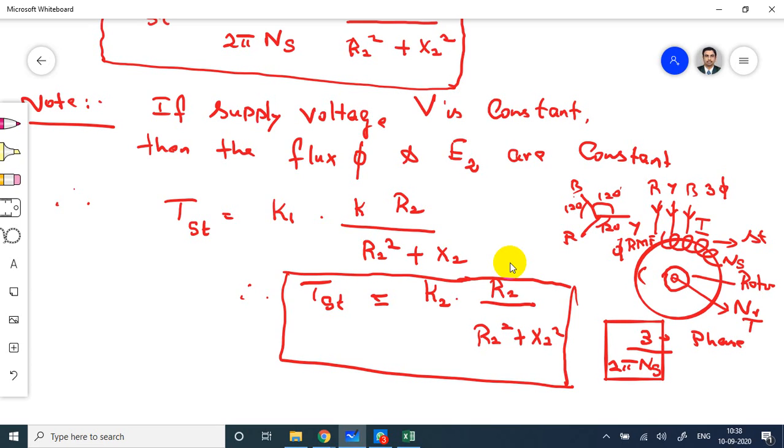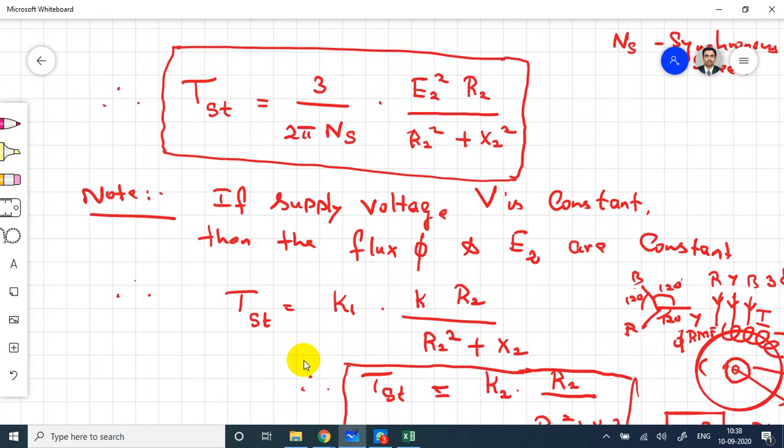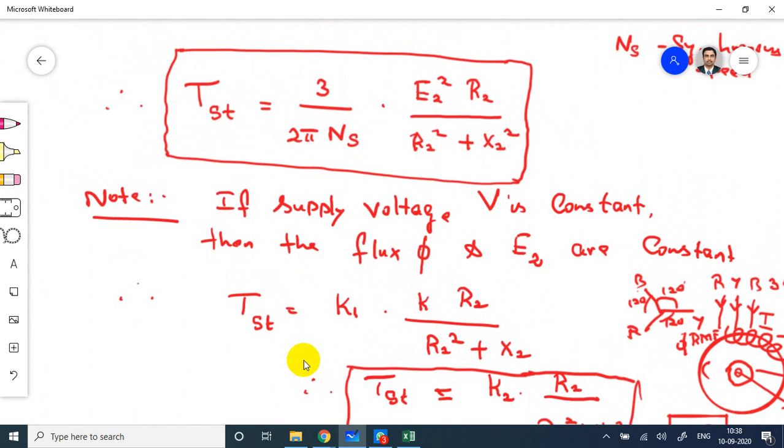And this starting torque at the instant of starting means it will be in a standstill condition. That's what the notation TST is. Maybe you understand this derivation. This is one 10-mark question in your examination.